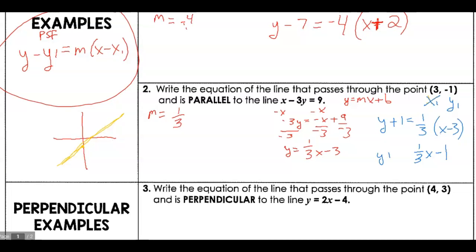And then I got y plus 1, and then I would subtract 1, and I would subtract 1, y equals 1/3 x minus 2. So you notice I have one that is 1/3 x minus 2, one that is 1/3 x minus 3. So this one here would be like right there, and it would run right next to it, just like a pair of train tracks.